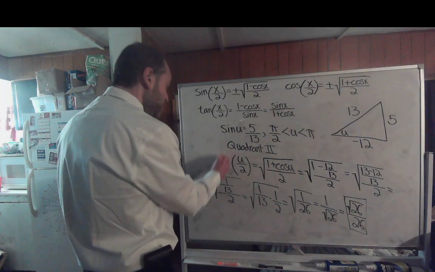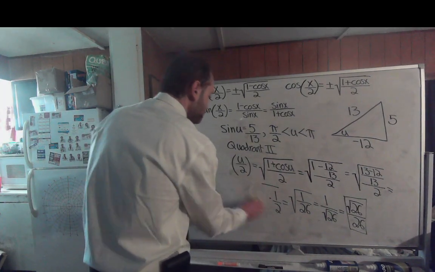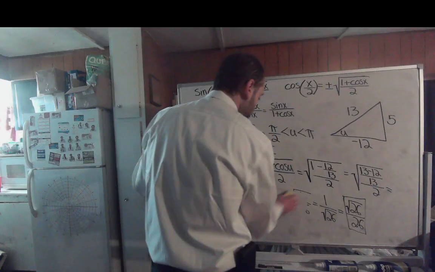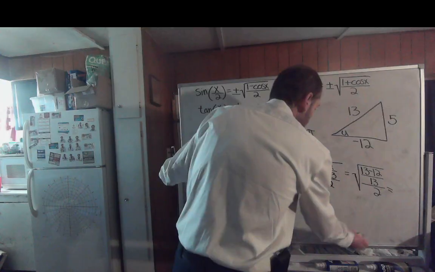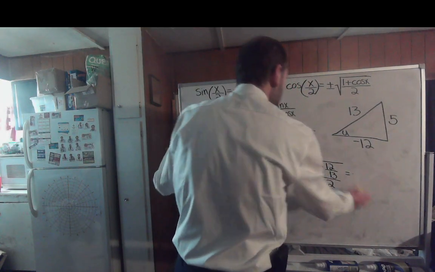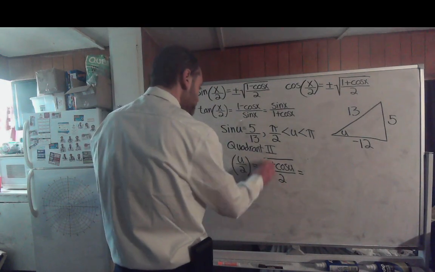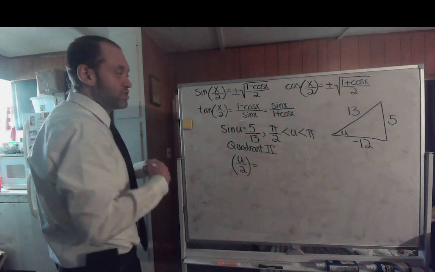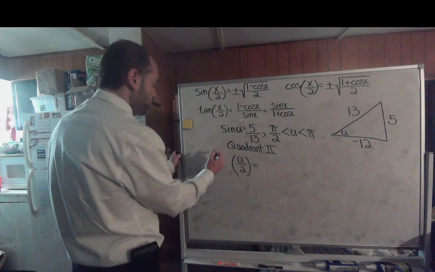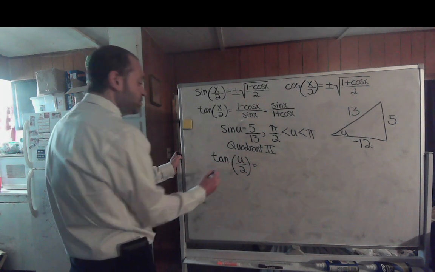And of course, yes, we are going to do the tangent of u over 2. That's a completely different formula. Well, it's still based on sine of x over 2 over cosine of x over 2, but let's find the tangent of u over 2.